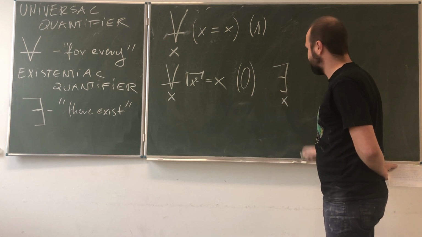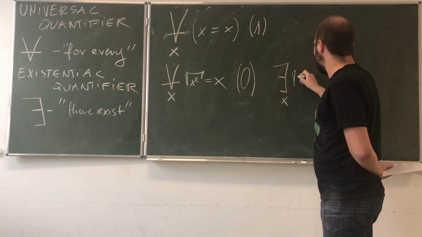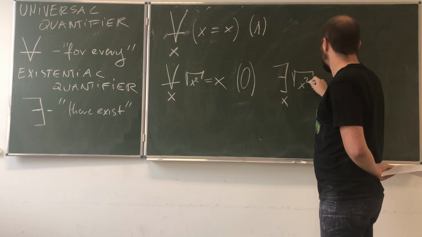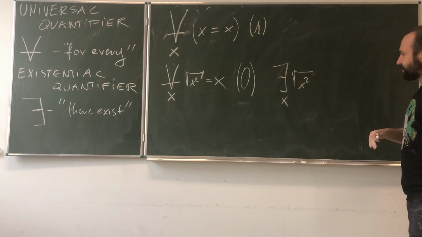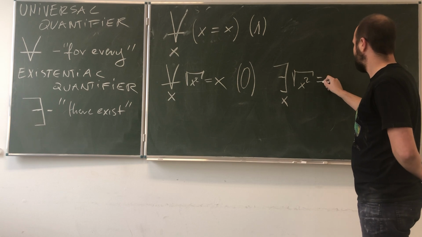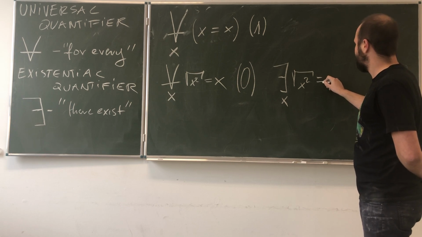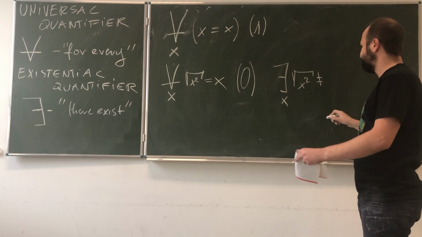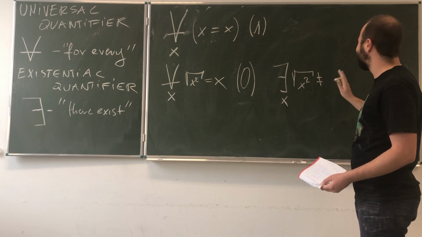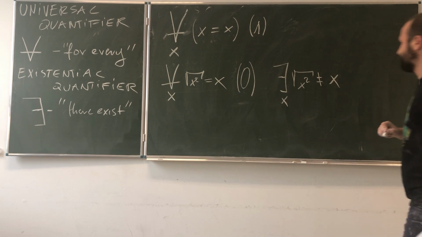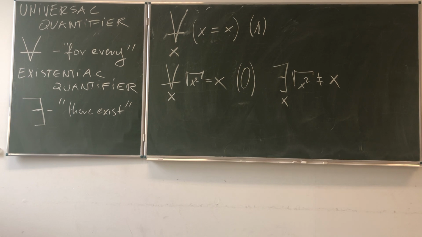Because there exists such x, such that the square root of x squared is different than x, right? Our example was negative 1.